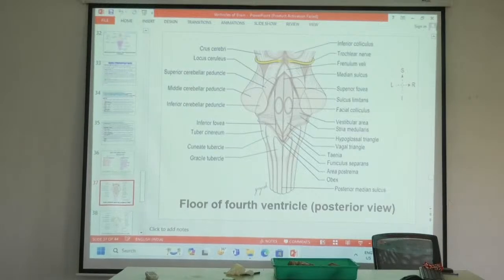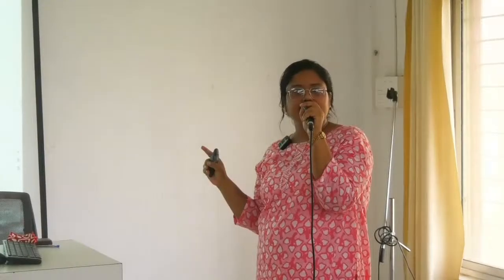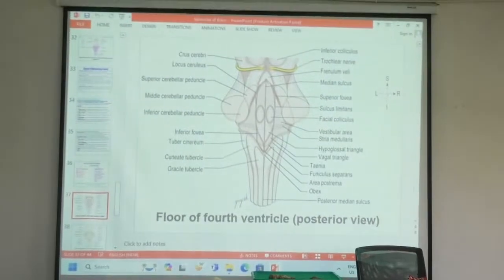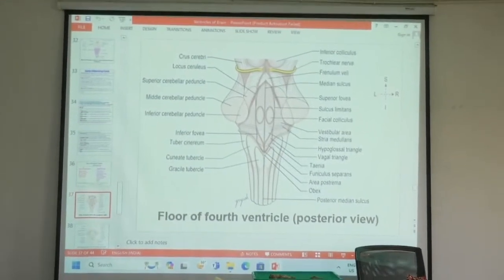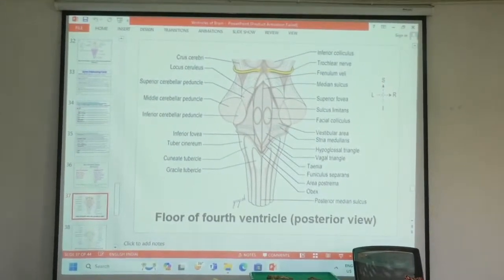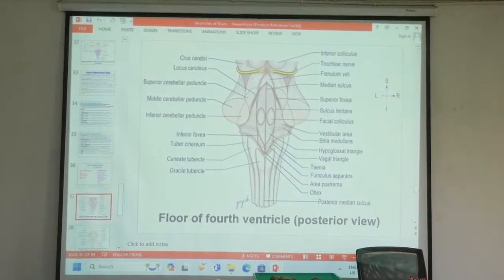Deep to these facial colliculi lies the abducens nucleus, that is the sixth nerve nucleus, surrounding which lie the fibers of the seventh nerve or facial nerve. The internal genu is present over the facial colliculi. In the upper part of the sulcus limitans there is a triangular area known as the superior fovea, and here one blackened discoloration you can see, that is known as locus ceruleus.